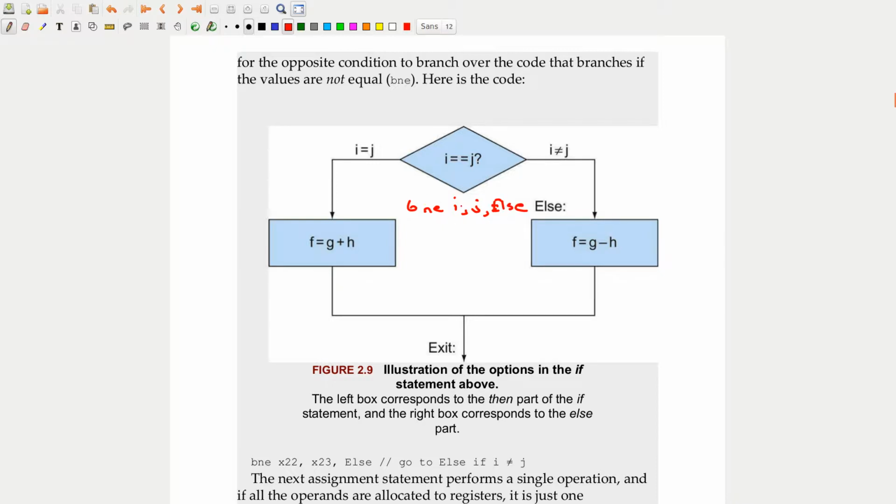Now, if it doesn't pass, it just continues executing the next instruction. So if this fails, that means this must pass, which means we can just automatically have add f, g, h here. And then down here we can have, let's see, how do they do it?